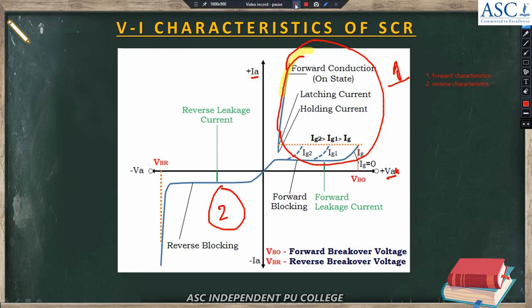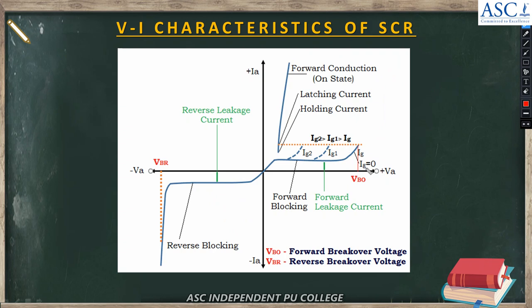Now, case 1, let us consider gate current equal to 0. When gate current equal to 0 and you increase VAK, initially the current is almost 0. When the voltage applied between anode and cathode reaches the breakdown voltage of junction J2, from that point it starts conducting.